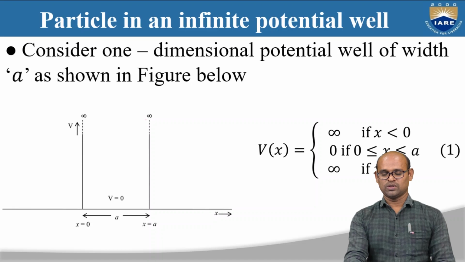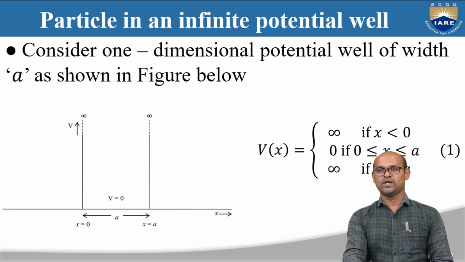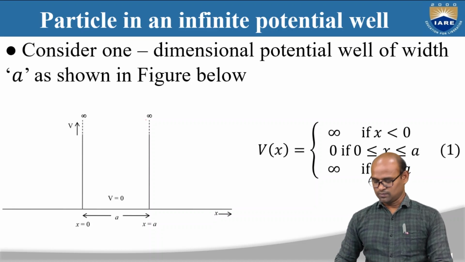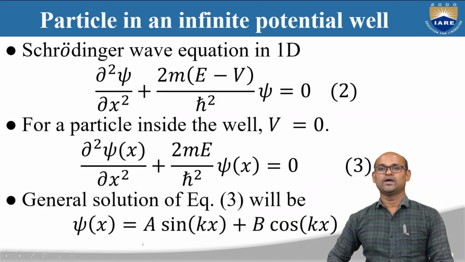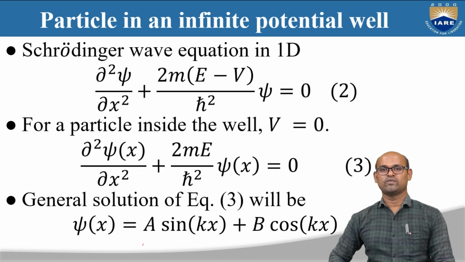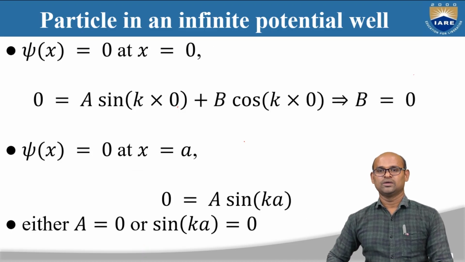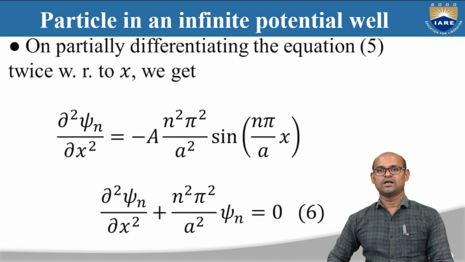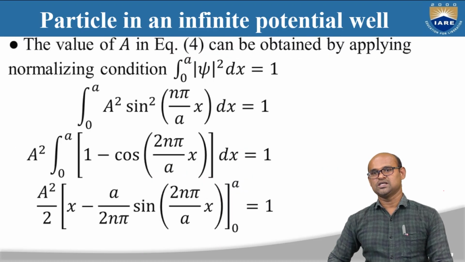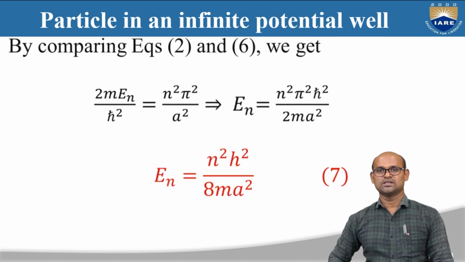So x is equal to 0 here and x is equal to a. So these are the two boundaries, and define the potential V of x. And once you define the potential, then you solve this Schrodinger wave equation inside the box, and you get a solution and try to find out these unknown constants A and B, and in the process you will find out the energies, and then using normalization condition you are going to calculate this A.